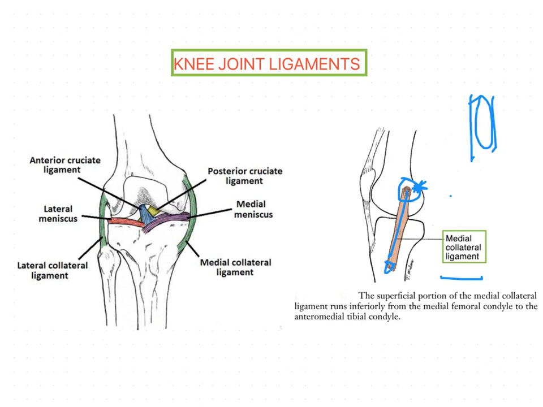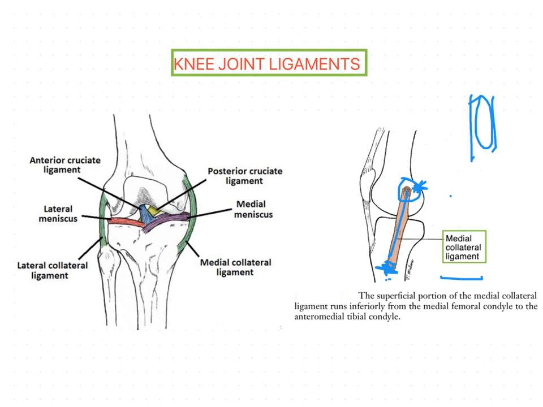It also attaches just distal to the femoral insertion of the medial patellofemoral ligament. That is the exact point on the distal side. So this is about the superficial portion of the medial collateral ligament.